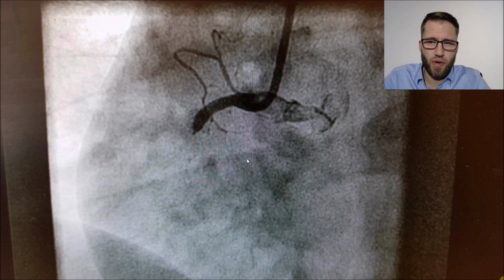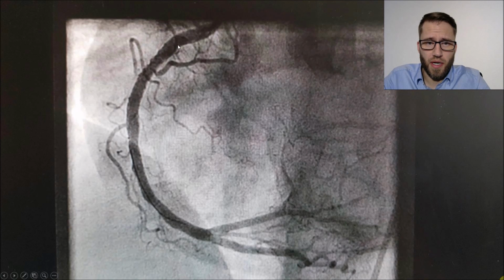After revascularizing this vessel with PCI, you can see a very big RCA and also 2 or 3 RV branches that supply the right ventricle, and that is the cause of the V1 ST elevation, as well as this big RPD that is also supplying the basal part of the septum.